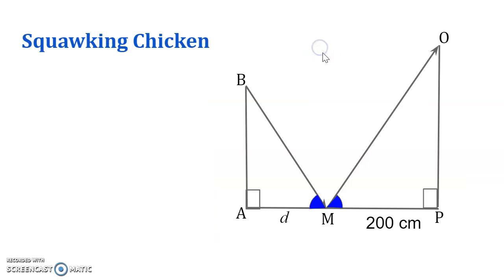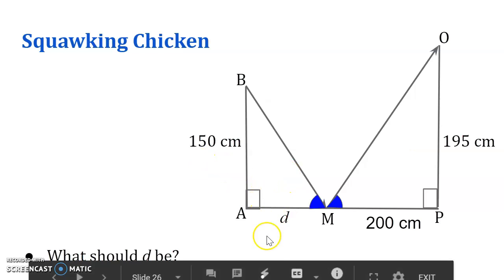So Mr. Liu's eye level height was 195 and my eye level height was 150 centimeters. So what should D be? We need to figure out what D is and do the calculation.